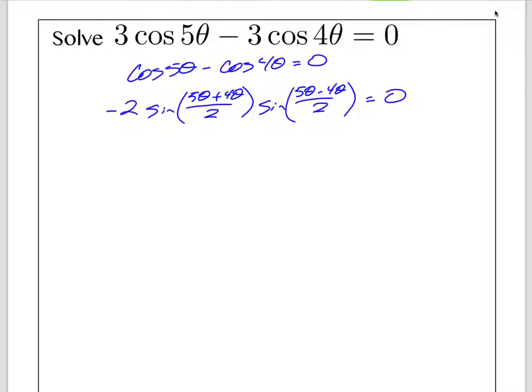All right, so what about this negative 2? I can divide by it and it goes away. So we're looking at sine of 9 theta over 2 times sine of theta over 2 equals 0. So now what can I do?